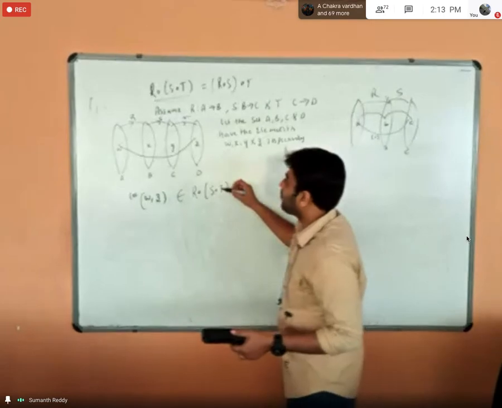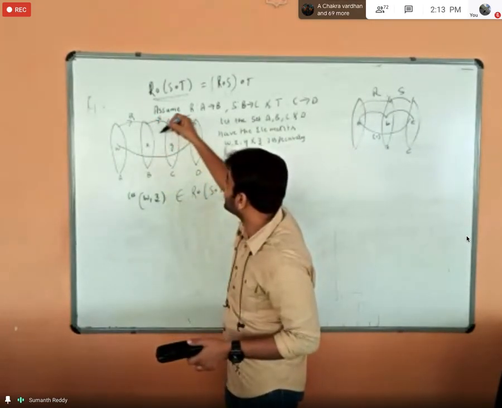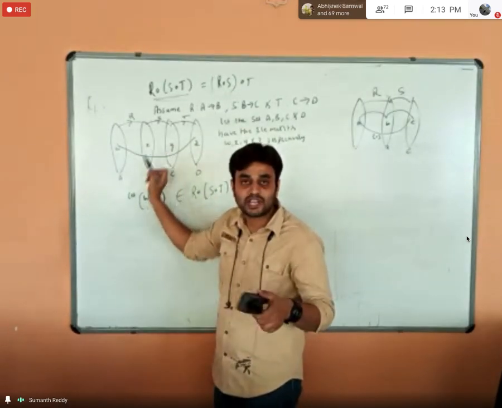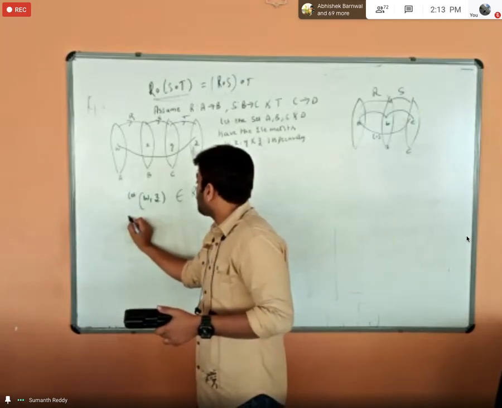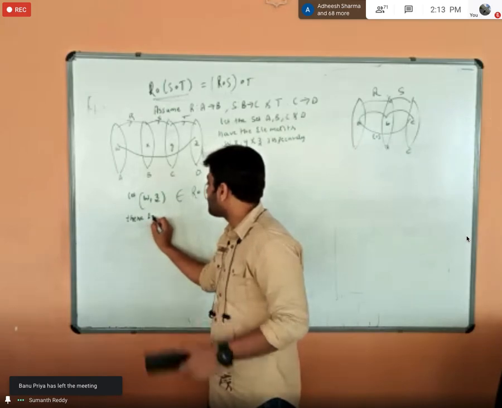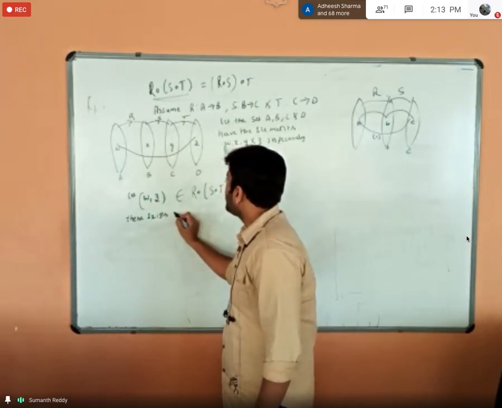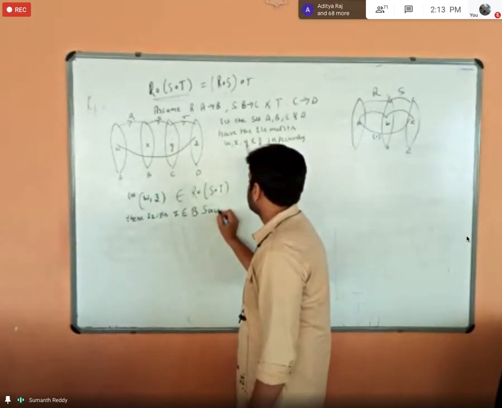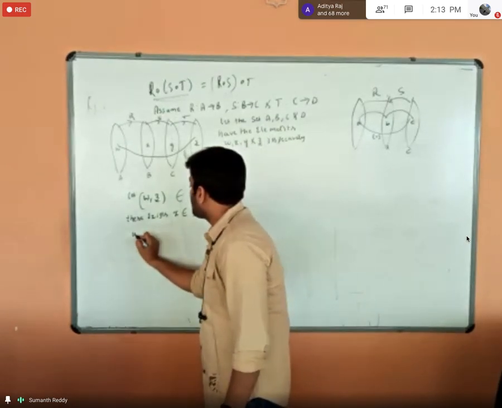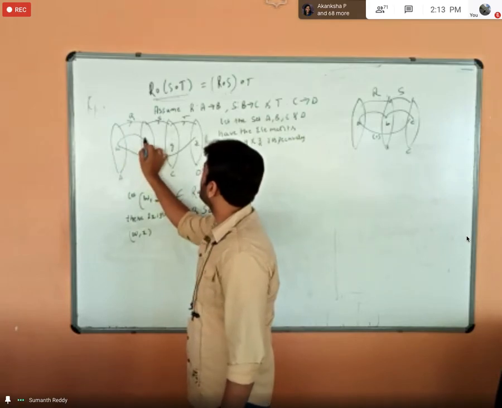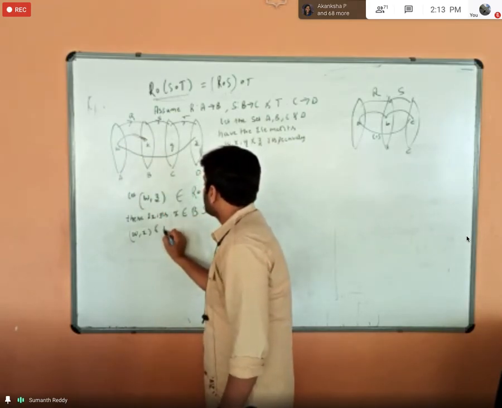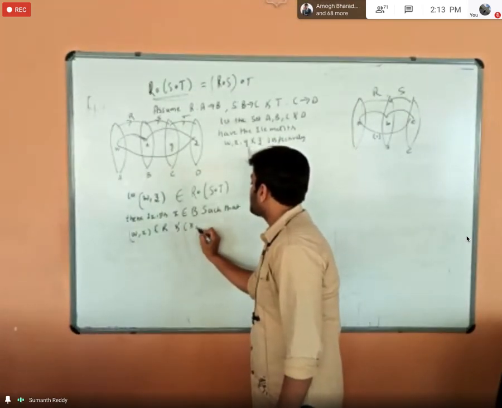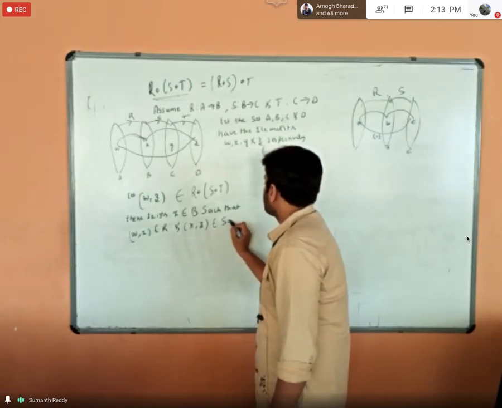Based on this, I can take two elements, X and Y. But since I have to split first R and then S composition of T, I have to start with X. So from the diagram we can easily see there exists an element, small x, that belongs to set B, such that W comma X belongs to the relation R, and X comma Z belongs to S composition of T, right?